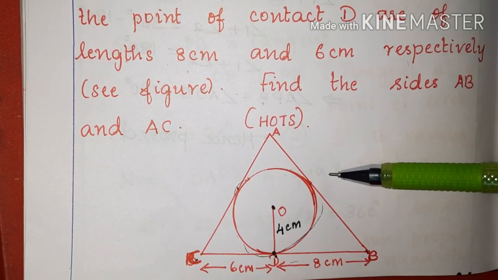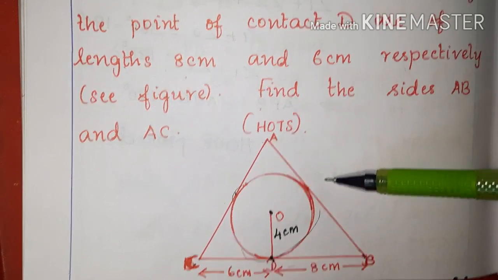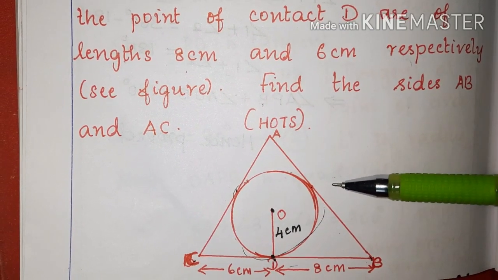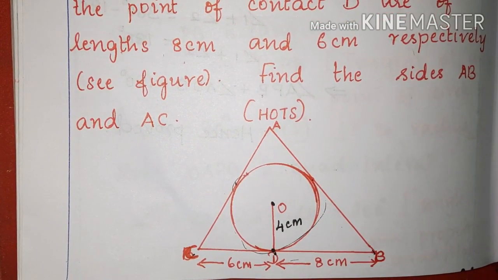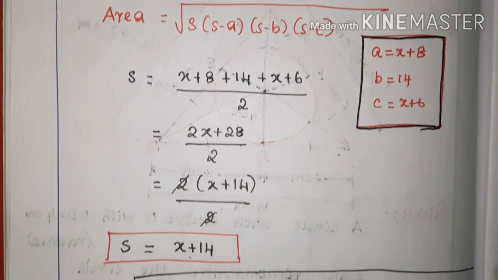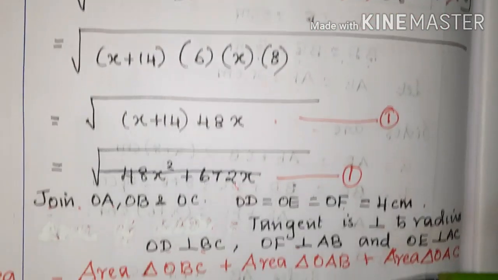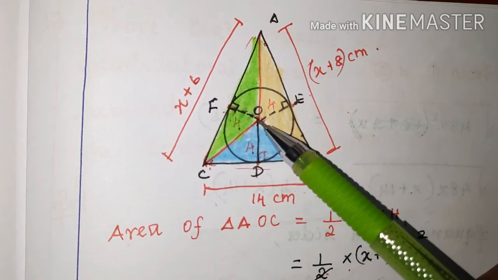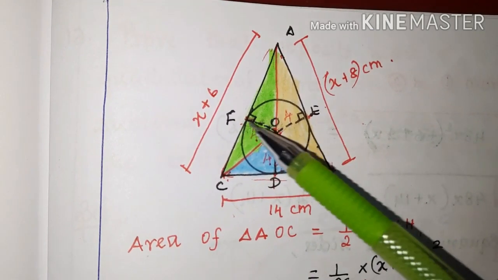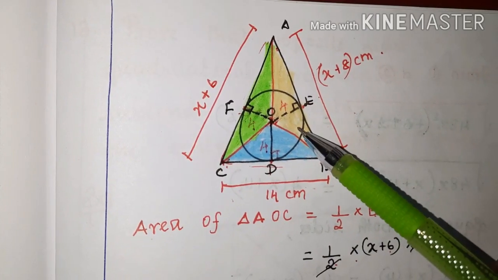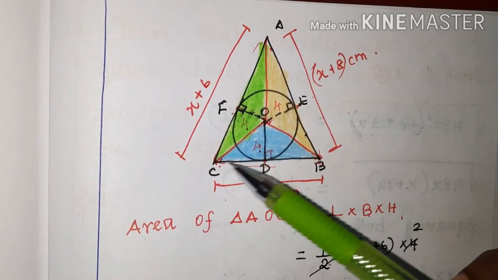So for this we made use of the concept of area of triangle. Here we have applied two areas of triangle: one is Heron's formula, and the other is that we have divided the whole triangle into three triangles by joining the vertices with the center. Each radius acts like an altitude for the triangles because the radius is perpendicular to the tangent.